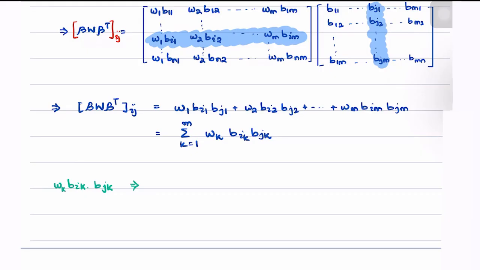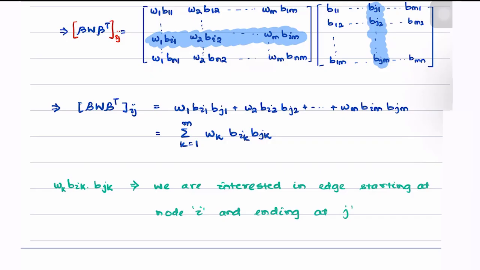Now this implies we are interested in the edge starting at node I and ending at J. We can denote it as something like this, I to J. Note that it could be the other way around as well.